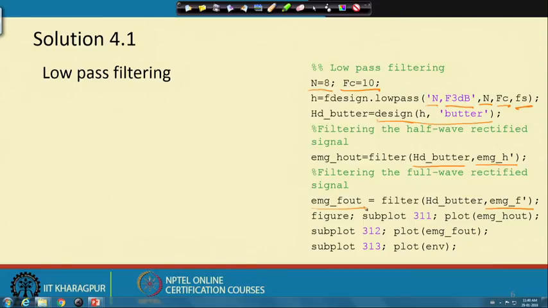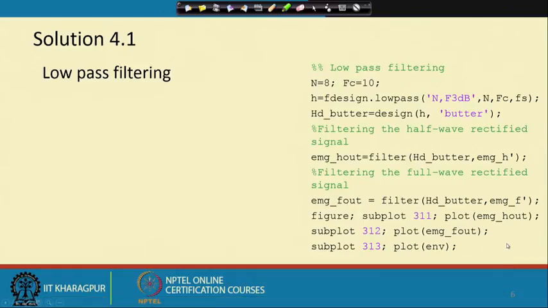And now we have 3 plots, one below the other. At the top, we have the half wave rectifier output after filtering. Second, we have the low pass filtered full wave rectifier output, and below these two we have the envelope that is given as a reference.